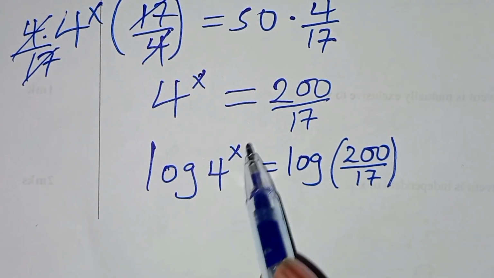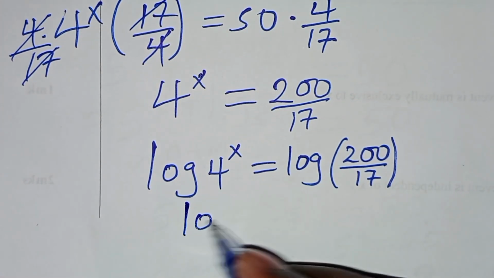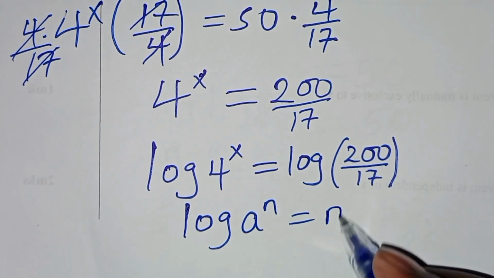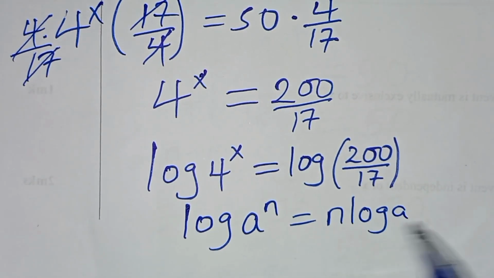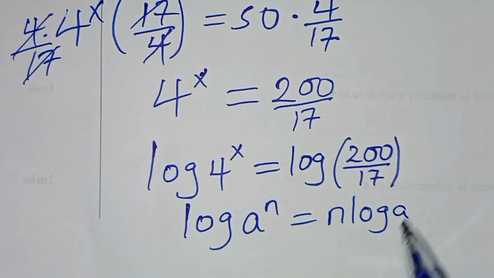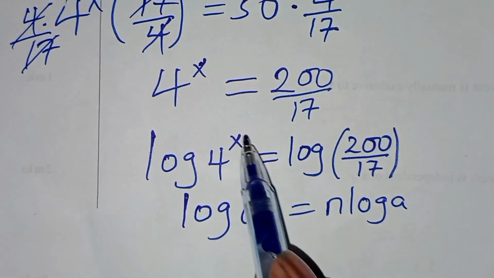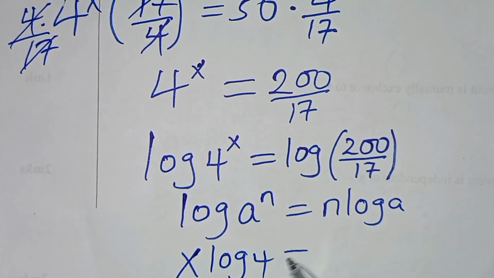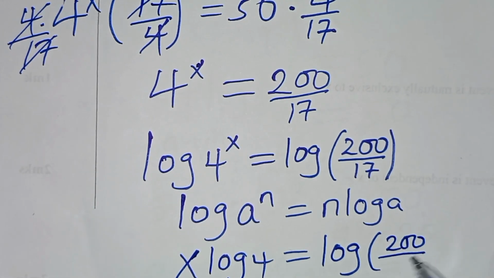Now, log 4 to the power x is in the form of log a to the power n, which we can express as n log a. Applying this power rule property of logarithm, log 4 to the power x becomes x log 4. This is equal to log 200 divided by 17.